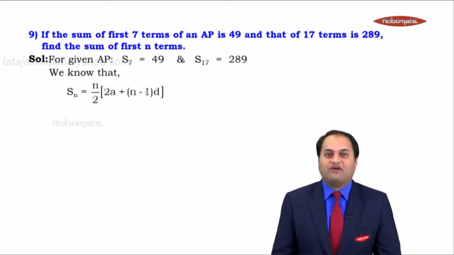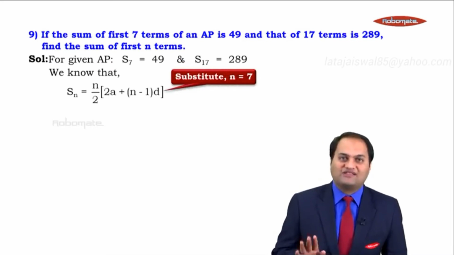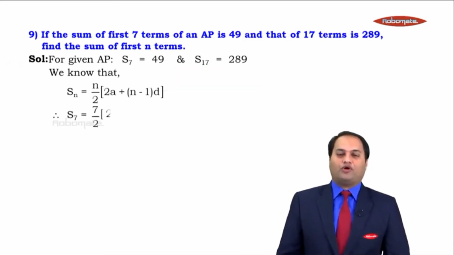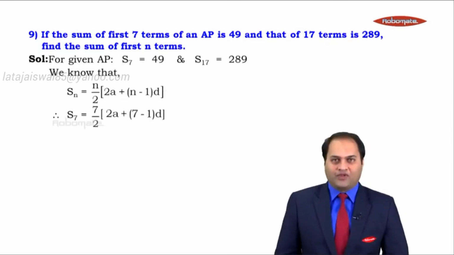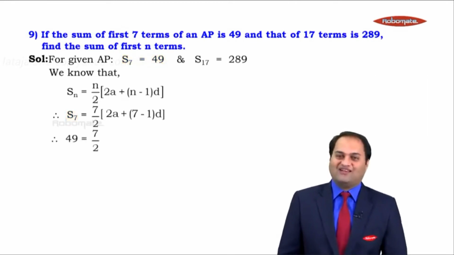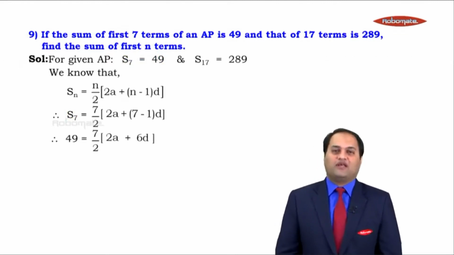Now the first thing given to us is S7, so we replace n by 7. So S7 is equal to 7 upon 2 into (2a plus (7 minus 1) into d). The value of S7 is 49, so 49 is equal to 7 upon 2 into (2a plus 6d).